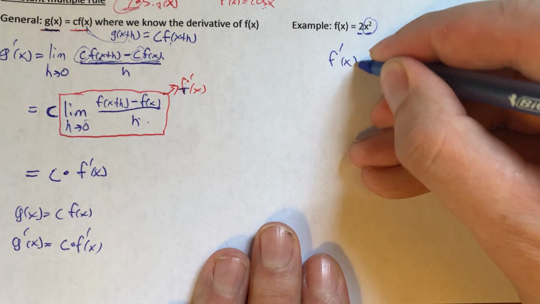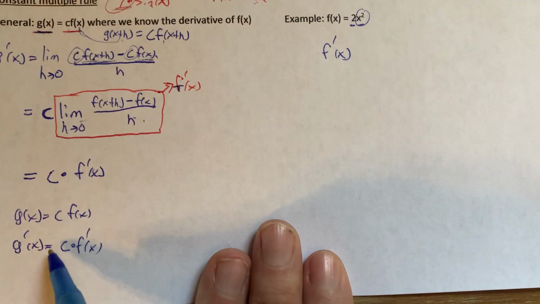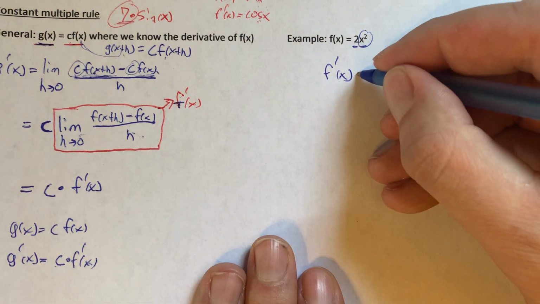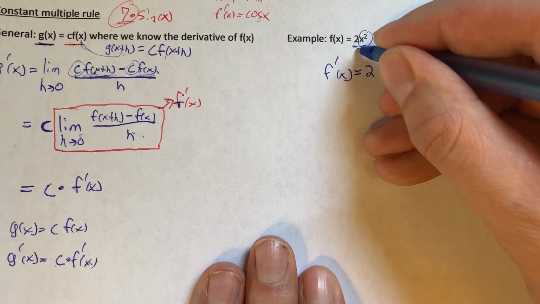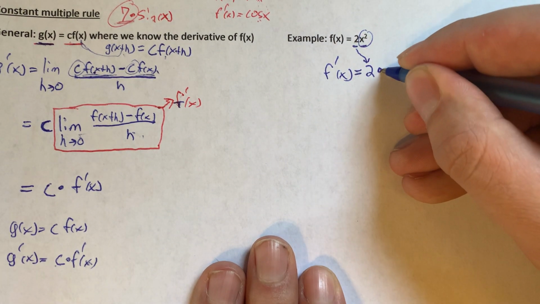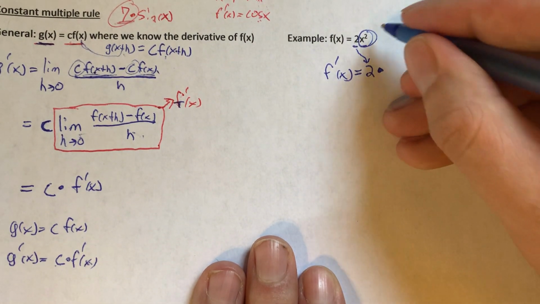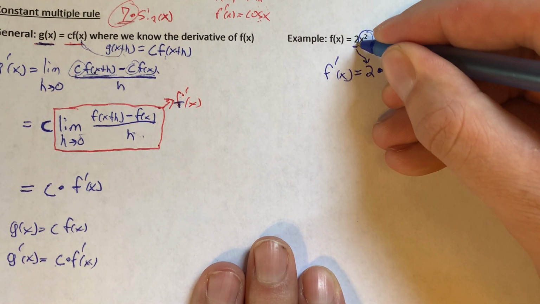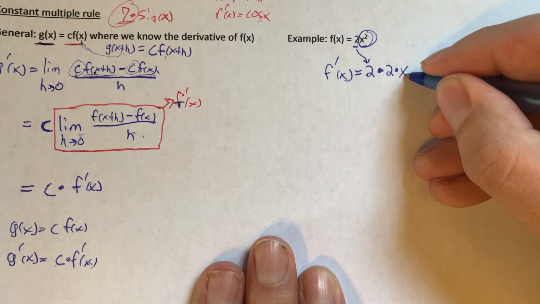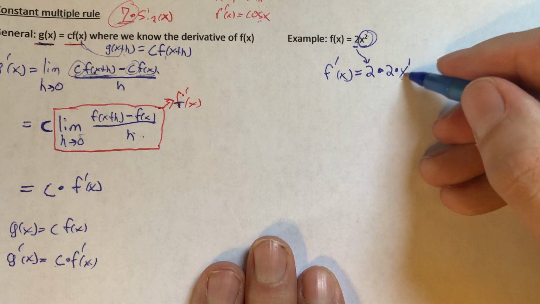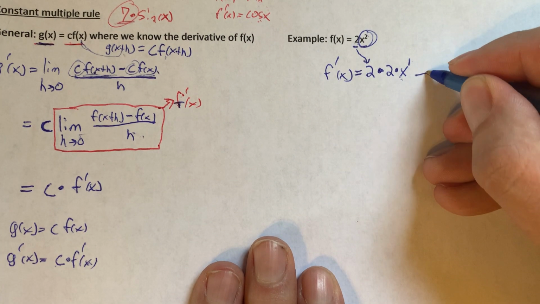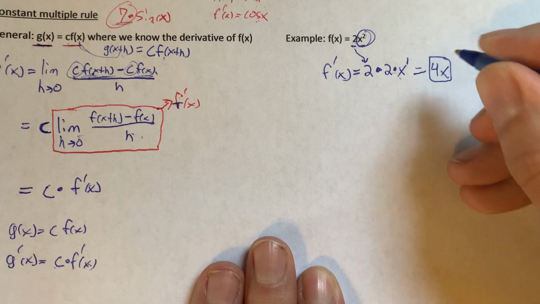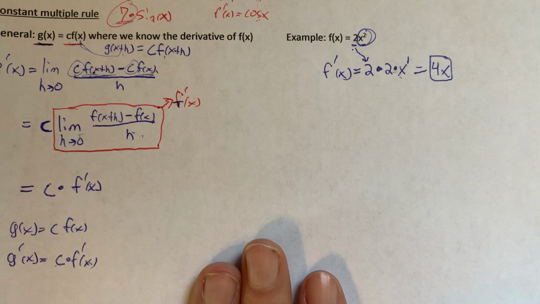The derivative rule now says that if we have a constant multiplying a function we know how to take the derivative of, we just leave the constant alone and multiply times the derivative of x squared. The derivative of x squared is 2 times, so we multiply by the power, and we lower the power by 1. And x to the 1 is just x. So we can multiply 2 times 2 together and get 4x. So the derivative of 2x squared is 4x.